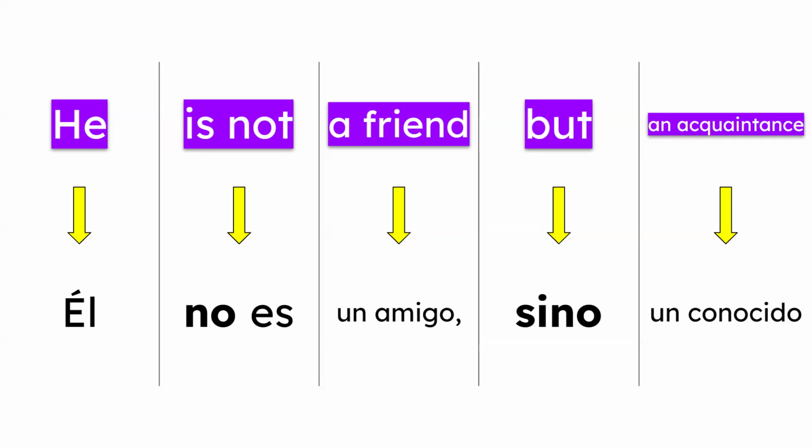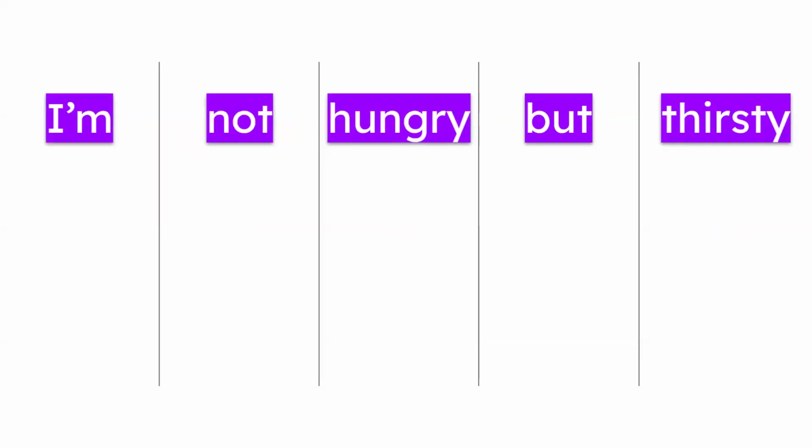Excellent, excelente, muy bien. And the last sentence for today's class goes, I'm not hungry, but thirsty. Remember, I mentioned these two words. These are the type of expressions that in English are used with I am, you are, he is, but in Spanish, we need the verb to have, or tener.